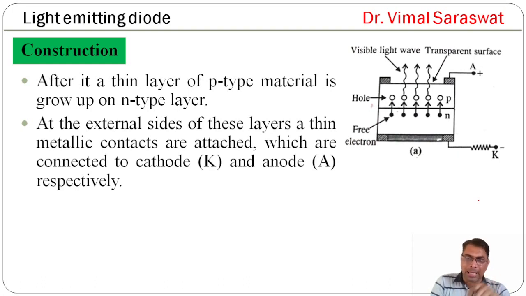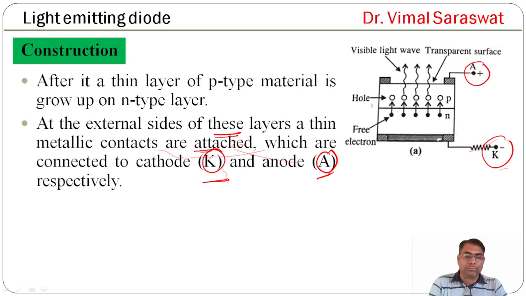At the external sides of these layers, thin metallic contacts are attached which are connected to cathode and anode respectively. Cathode is indicated here by K and anode by A.